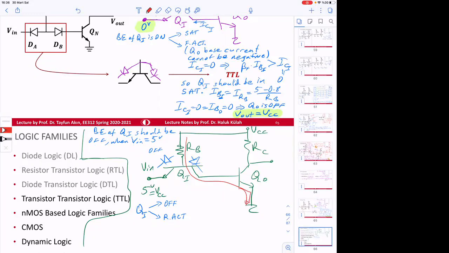So this base to collector, base collector of QI is on. So it cannot be off.